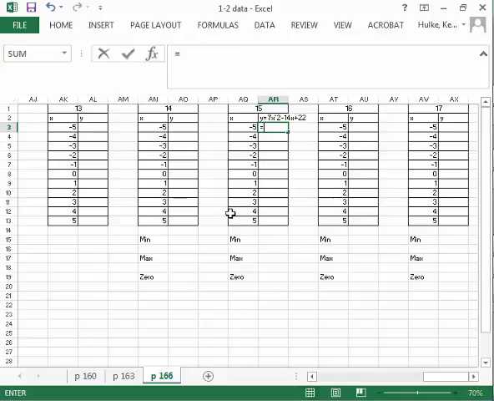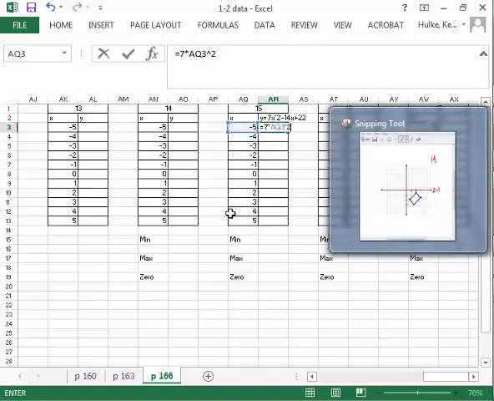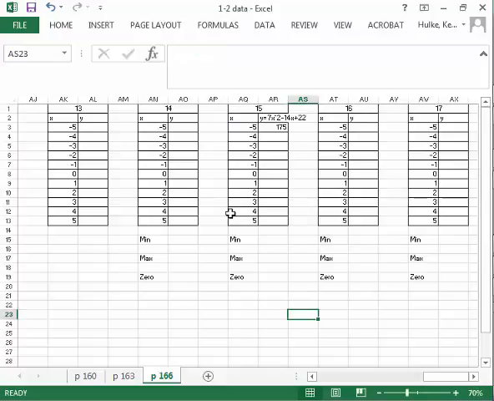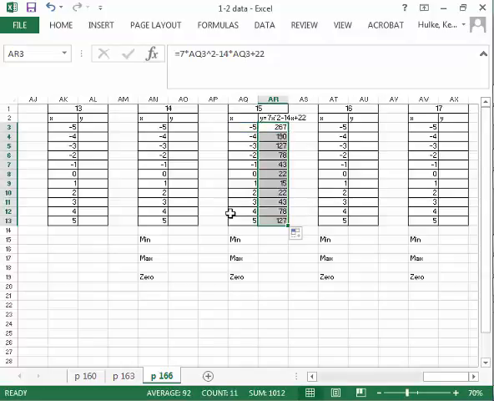Okay, so equals 7 times this value to the second, minus 14 times that value plus 22. When I pull that down, let's see if we can get a graph of that.